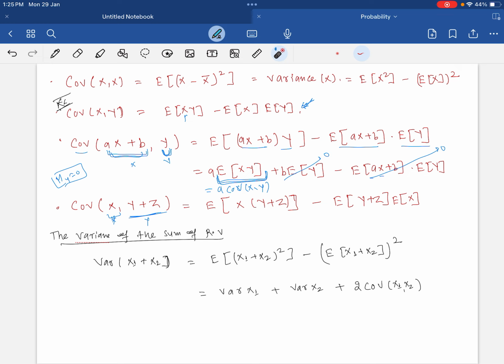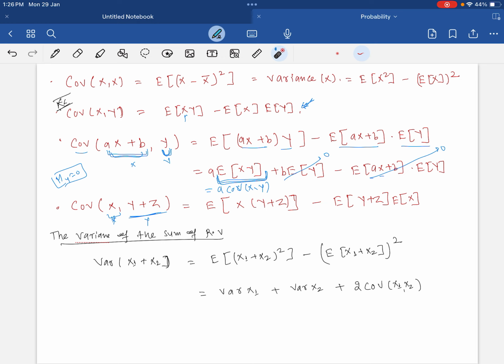The main point is that you use this formula to expand, then according to the question, if it is given that the expectation of x is 0, then this whole term will be 0. So you can use it and explore these.